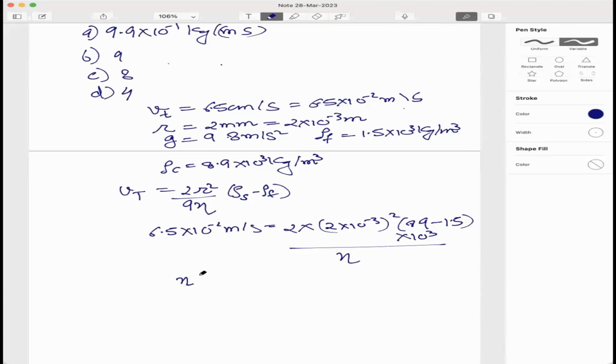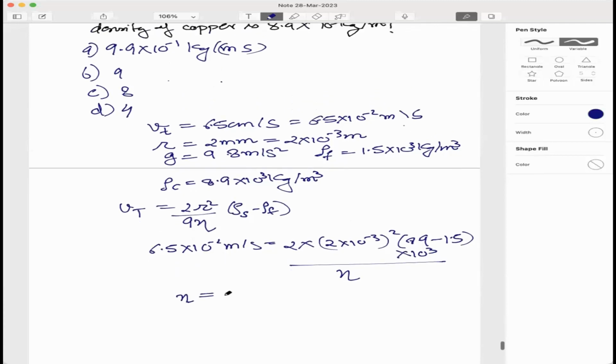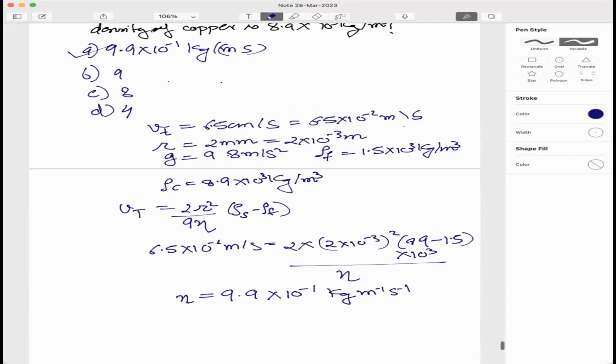So from eta here, you can solve it. You can do the calculation. I'm just writing the answer. So that comes out to be 9.9 into 10 to the power minus 1 kg meter inverse second. So the correct option is this.